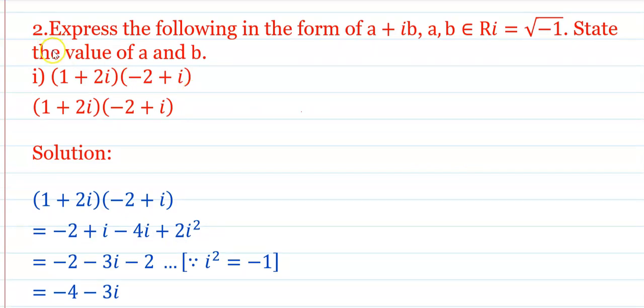Question number 2. Express the following in the form of a plus ib, where a, b belong to the set of real numbers and i is equal to root of minus 1. State the values of a and b.